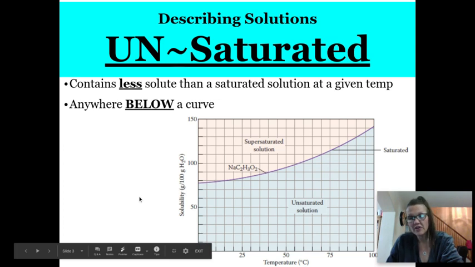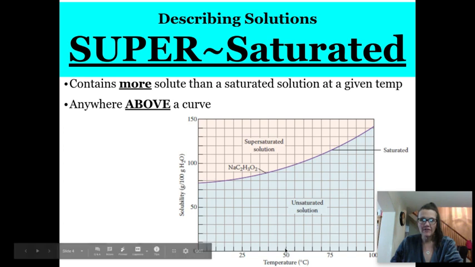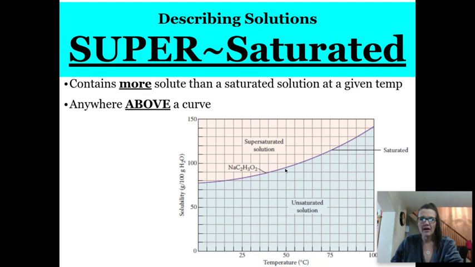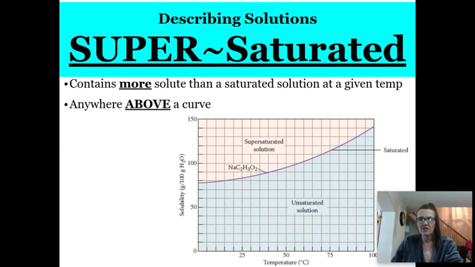Finally, the other way we describe solutions was with the word supersaturated. Just like Superman, the prefix super means that there is more. A supersaturated solution has more solute than is technically possible. We talked about this in the last video. The way you make a supersaturated solution is you take a solution and heat it, let's say to 100 degrees Celsius, and fit about 140 grams of solute into it, and then cool that solution off.